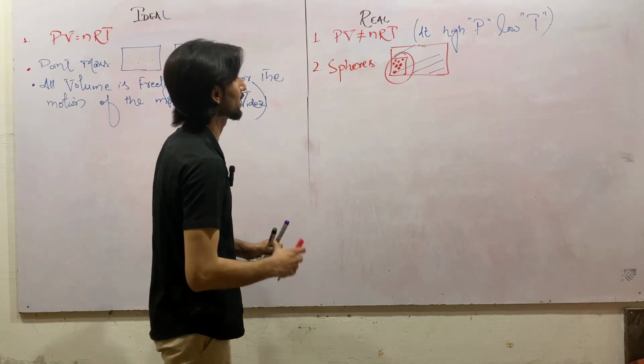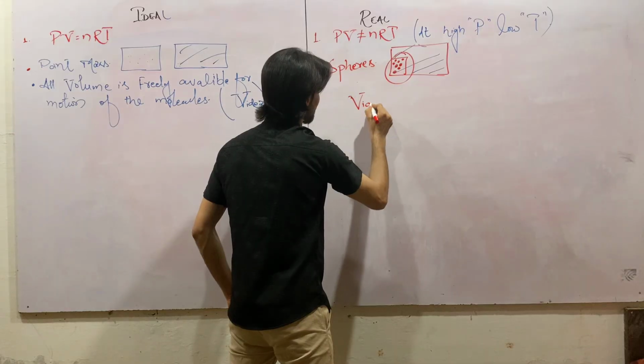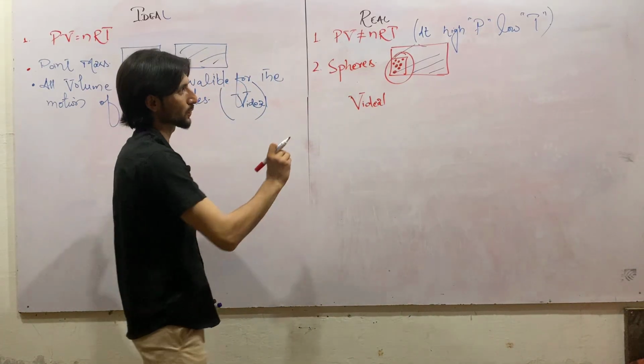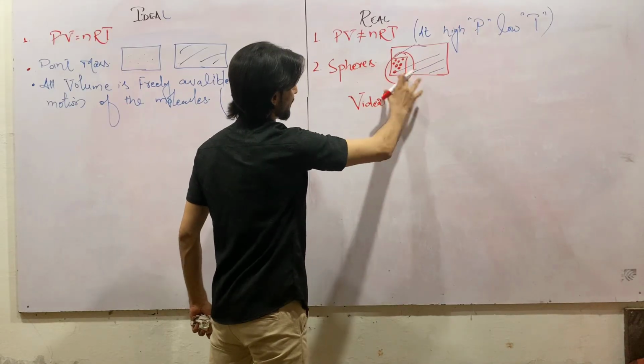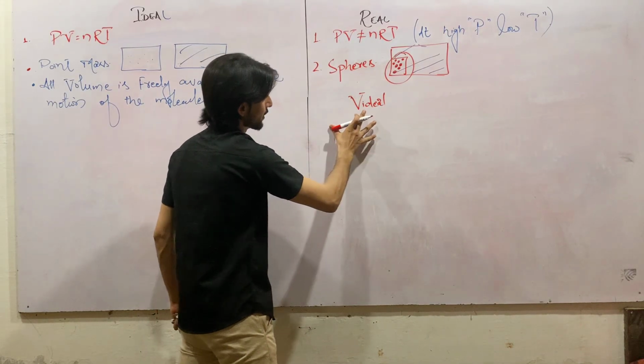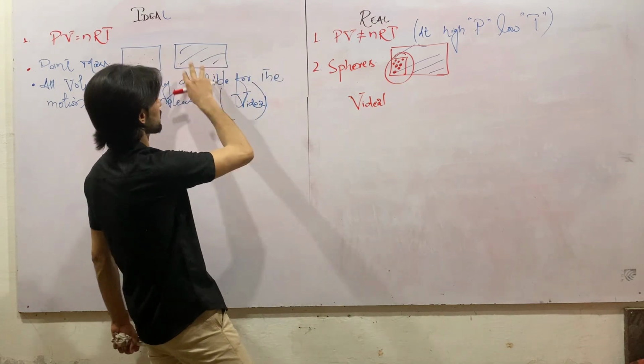So what will we find? That actually V ideal, we are not seeing that this whole space is now available for the molecule. In the case of V ideal, we had the whole space available for the movement of the molecules.